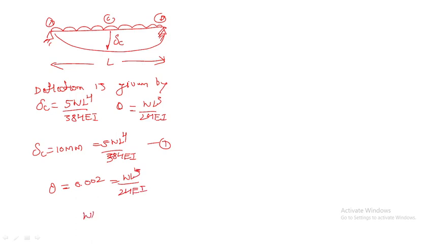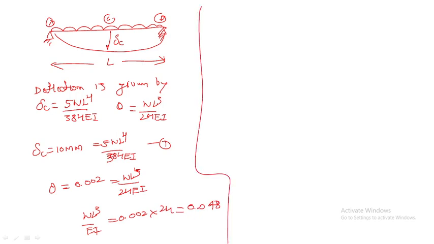So WL cube by EI is equal to 0.002 into 24, that is 0.048. So this is equation 2.